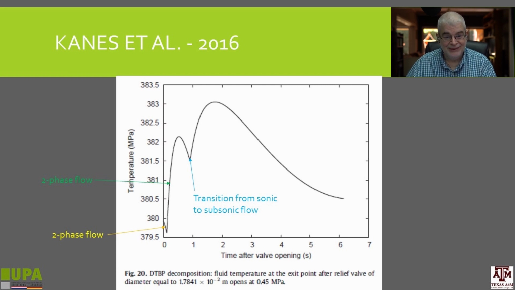But in terms of the intricacies of the calculation, it's fascinating, because here the first leg you have 2-phase flow, and here it's 1 phase, and then this point of minimum up to here it's 1-phase flow. And at this point, there is a transition from sonic to subsonic flow.